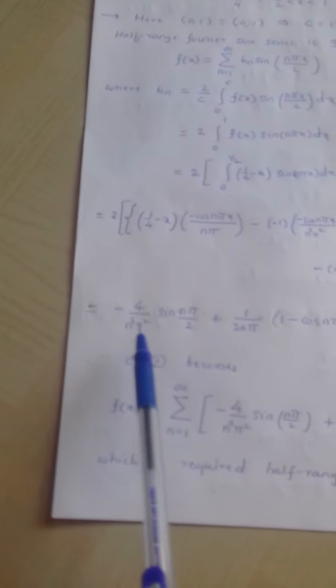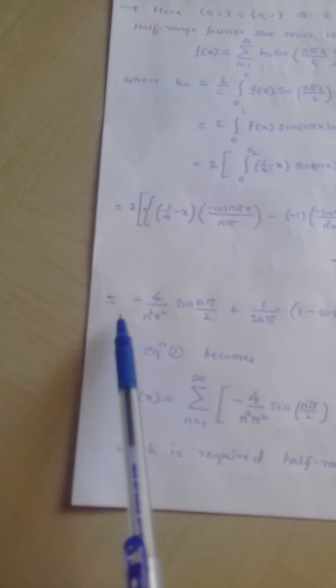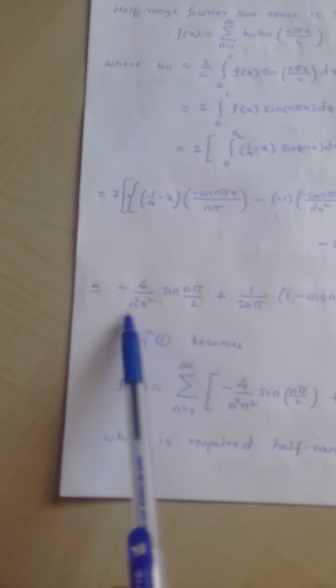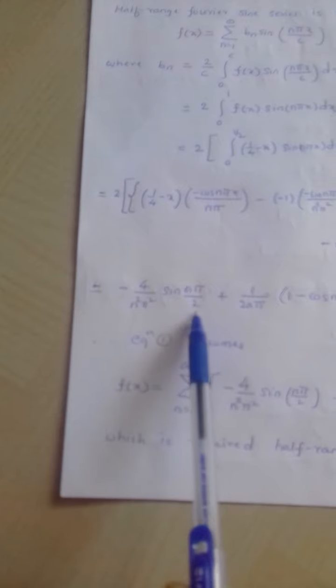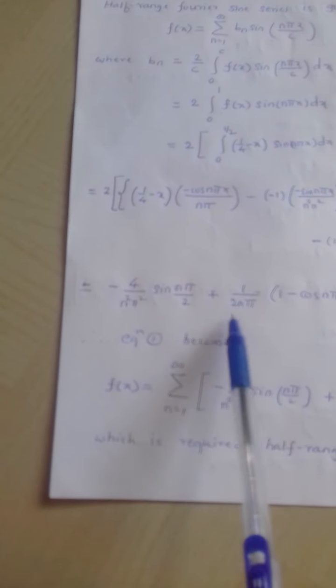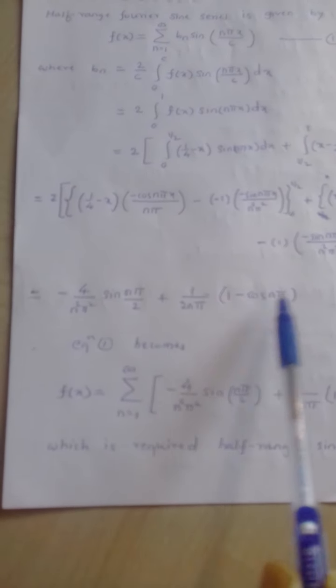After substituting the upper limit and lower limit, you will get b n equals minus 4 upon n square pi square, sine n pi by 2 plus 1 upon 2 n pi, 1 minus cos of n pi.